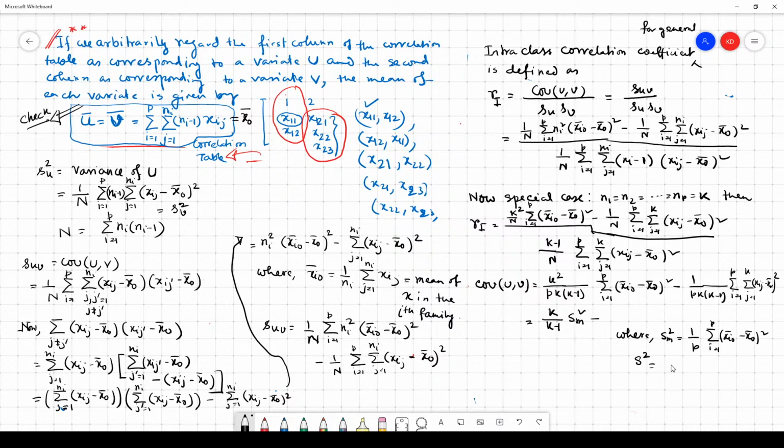1 by p, sorry, because the total number of observations is n, so S square.